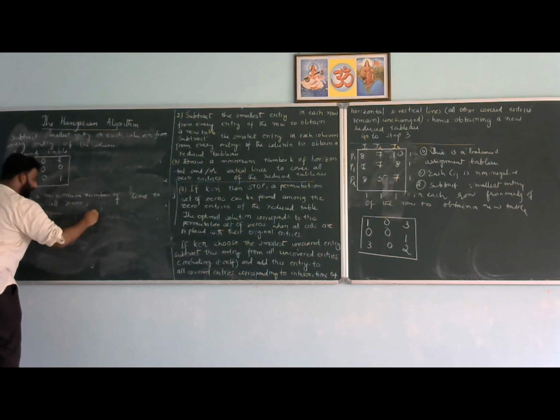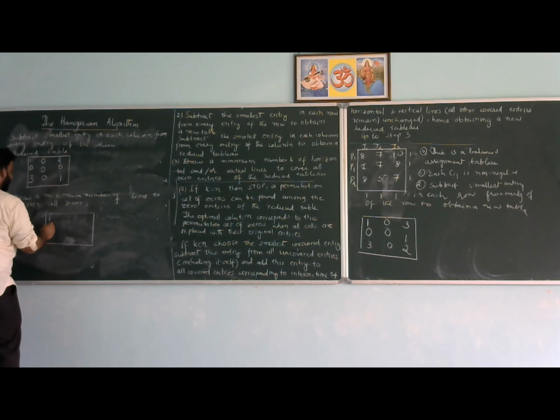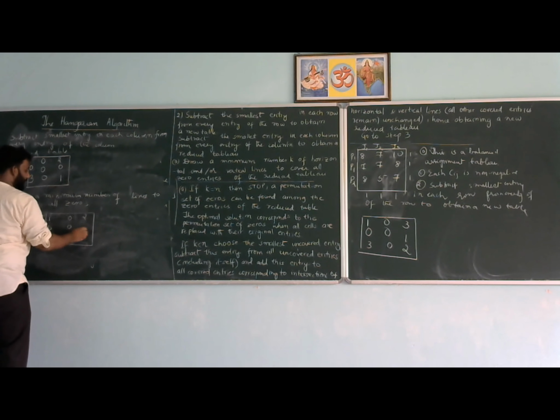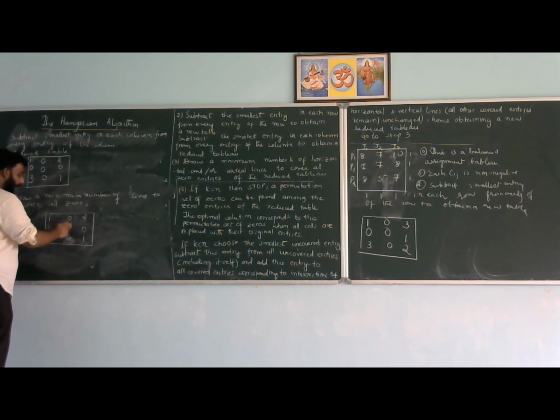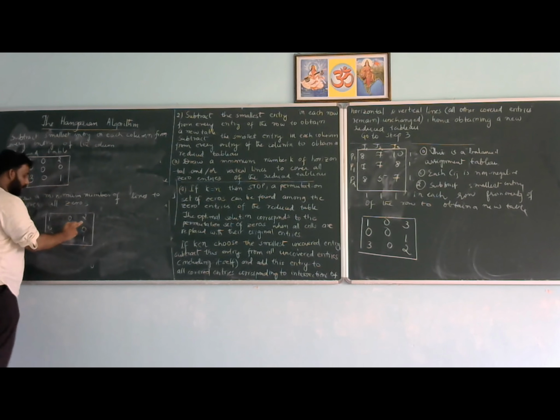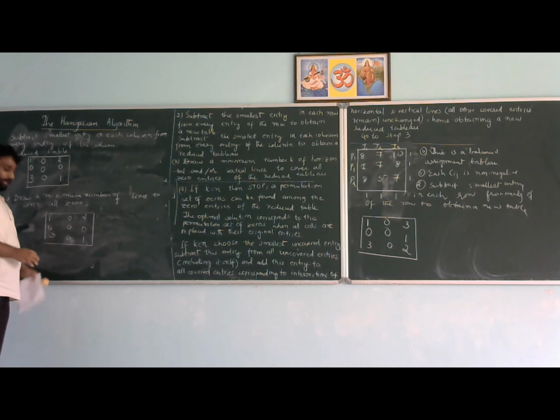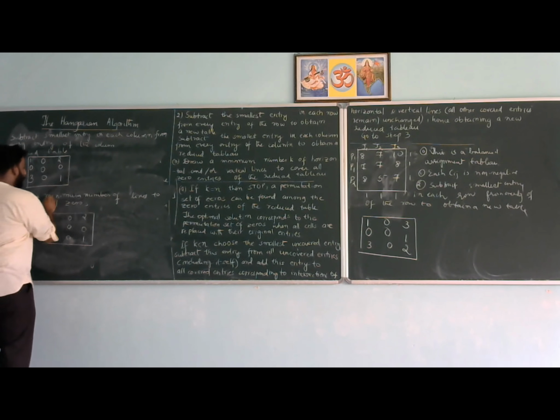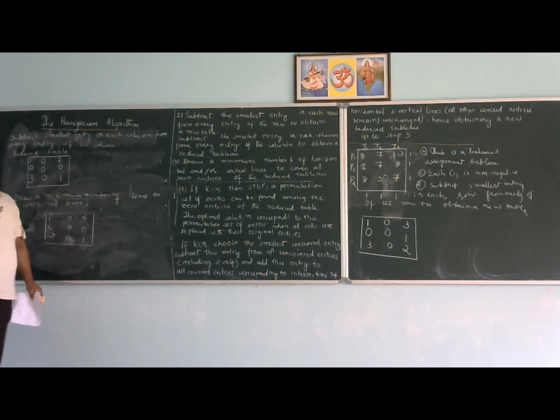Our reduced table is this: 1 0 3, 0 0 0, 2 0 1. Here we have zeros, right? You have to cover them by drawing horizontal or vertical lines, or both. So how many zeros are there? 1, 2, 3, 4, 5 zeros. You have to cover all zeros using the minimum number of lines.